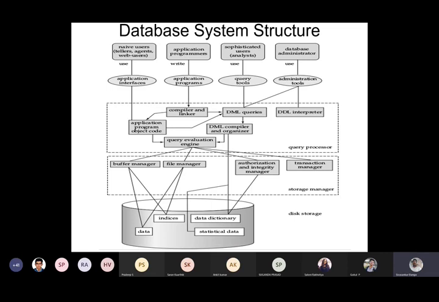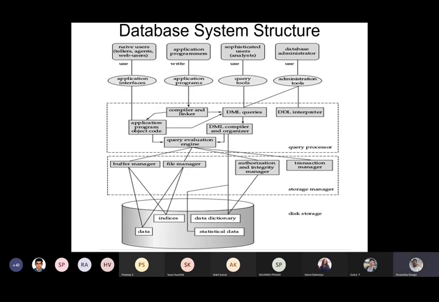They interact with the system by means of user interfaces, application interfaces. Naive users are bank tellers or agents who interact with the system by means of some form-based interface, by invoking an application program that has been written previously. They are naive users, right?